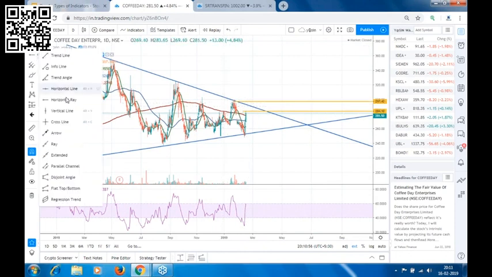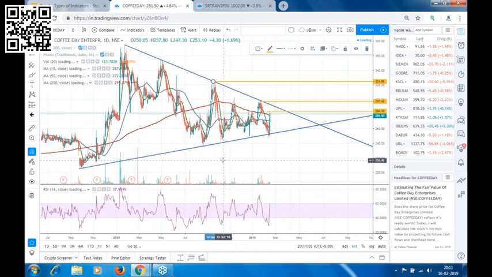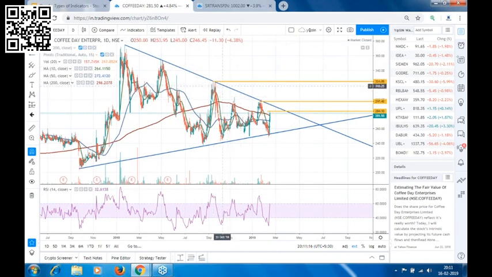Then my next target can be at this level. If this trend line resistance is broken and this 300 level is broken, then the next target can be somewhere around the 320 to 325 level, which again is a resistance for the stock. Then this will be my third level.